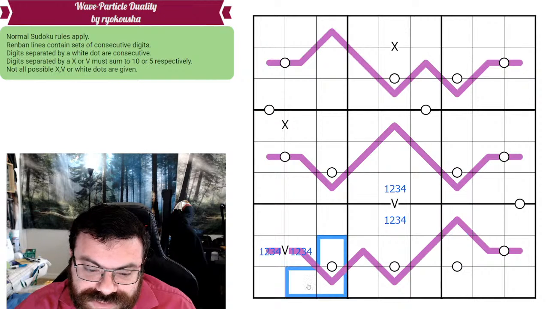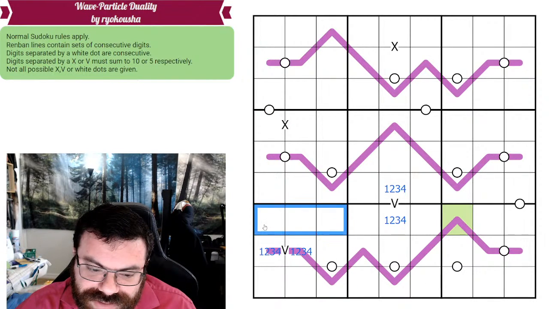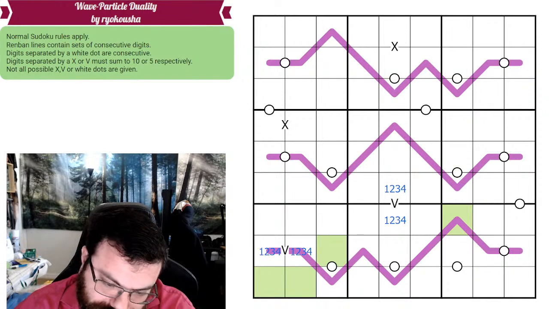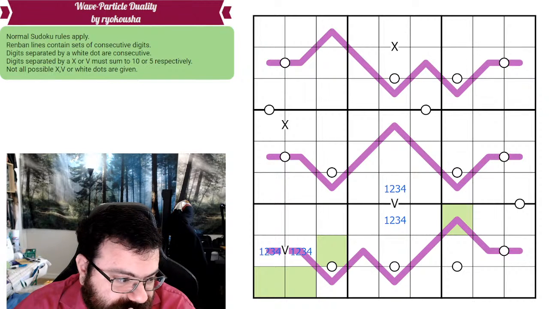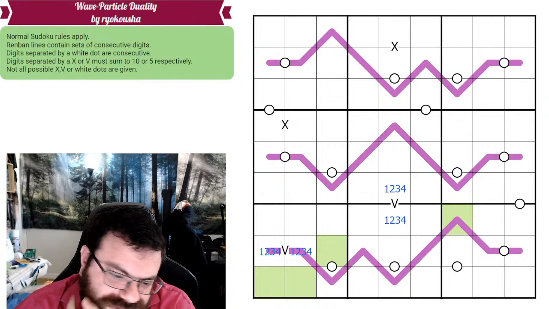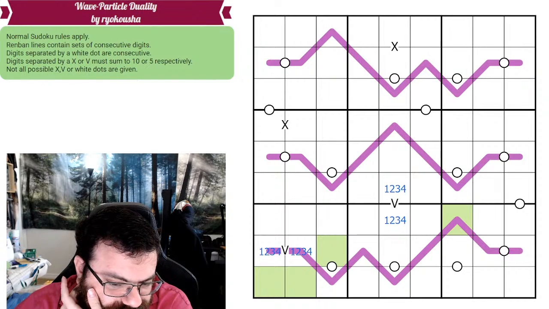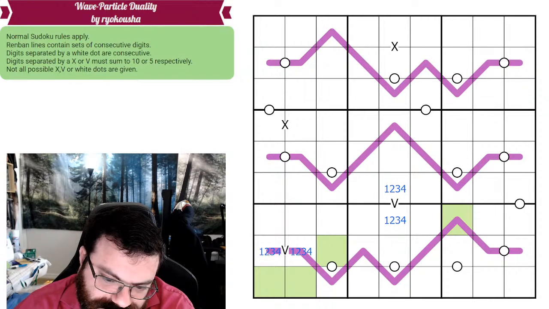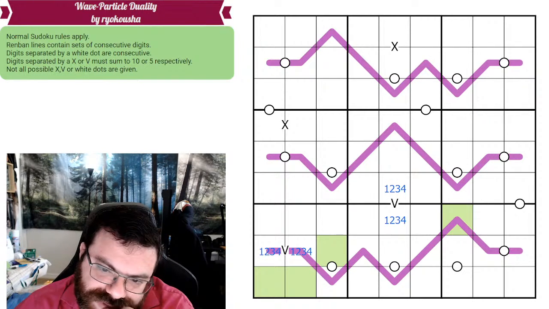This cell goes here, or okay, this one can't go here, can't go on the Renban, so it goes in one of these. I'm not following. Columns 2, 5, and 8.